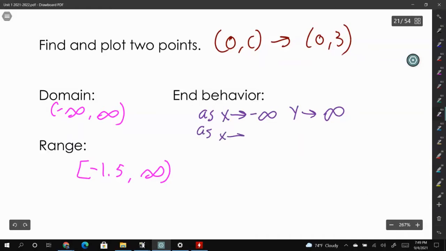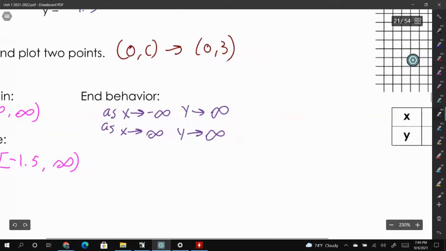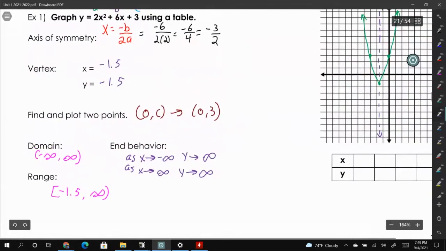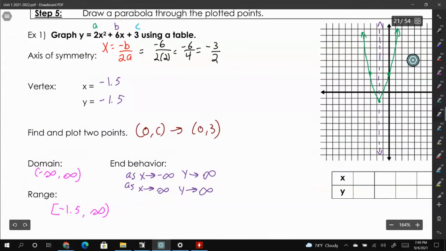And as x approaches positive infinity, the other side goes up as well. So the table is here in case you needed it, but I'm showing you that you may not necessarily need it, but it's also there to help you organize your information.